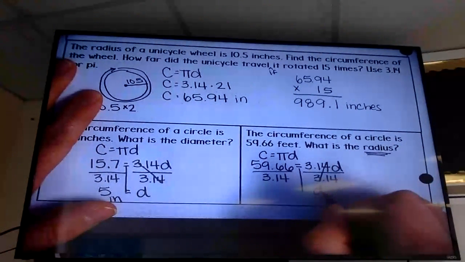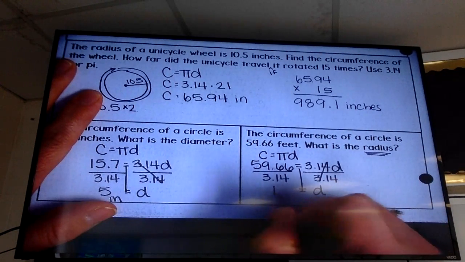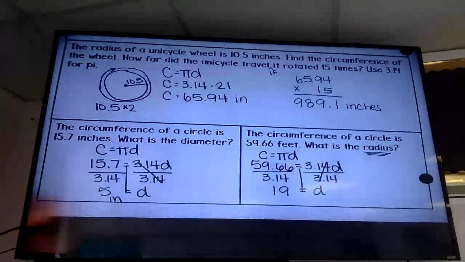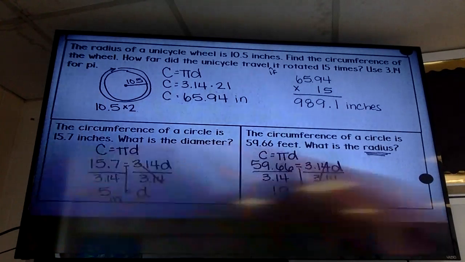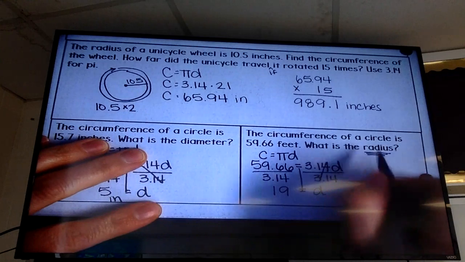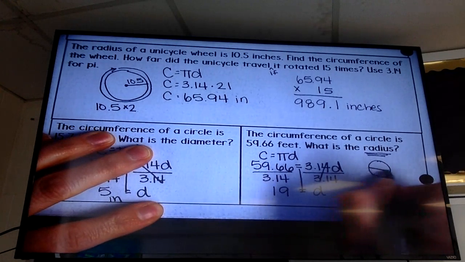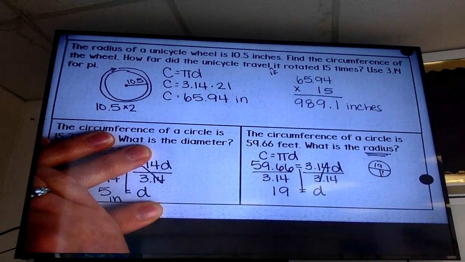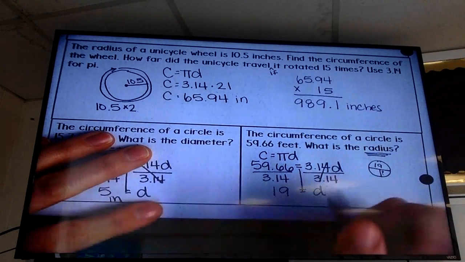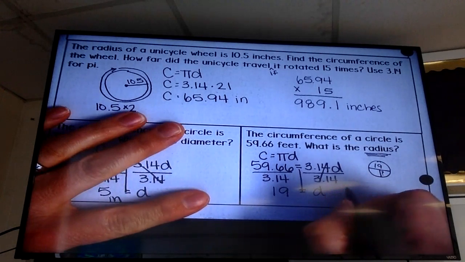When I do that, I find out the diameter is 19. But that's not what the question asks. The question asks what the radius is. So if I had a circle right here, I know the diameter is 19. I want to know what the radius is. So remember, a radius is half of the diameter. So I could do this one of two ways.